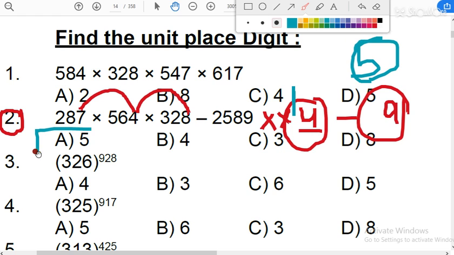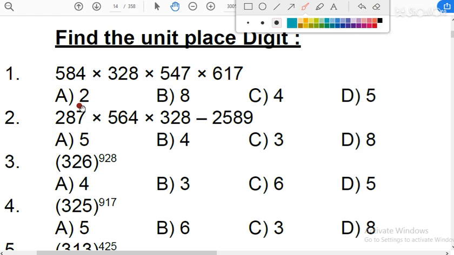I am explaining it again. If you pay attention, it will be more clear to you. See it again. 7 into 4 is 28. Unit place is 8. 8 into 8 is 64.